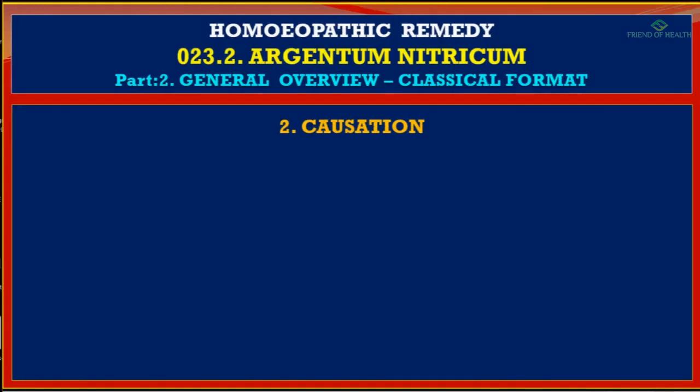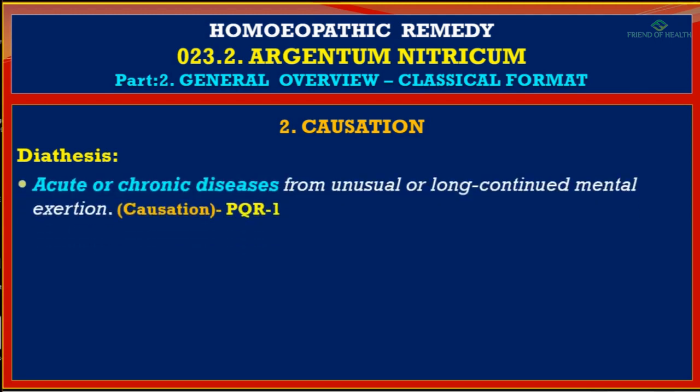Now we come to the second point, which is causation. And in causation, we are talking about diathesis. Here, Allen tells us it is good for acute or chronic diseases which are precipitated or caused by unusual or long continued mental exertion. So it is good for acute diseases which are brought on by anxiety, and chronic stressors will bring about chronic miasmatic disease, which will have its miasmatic modalities.